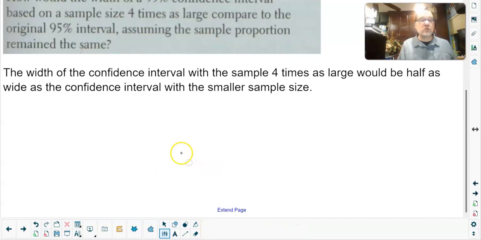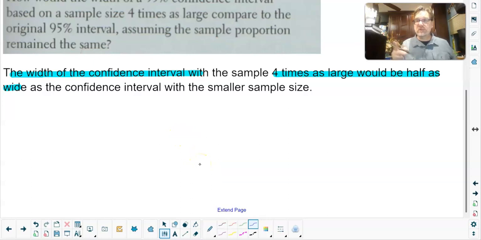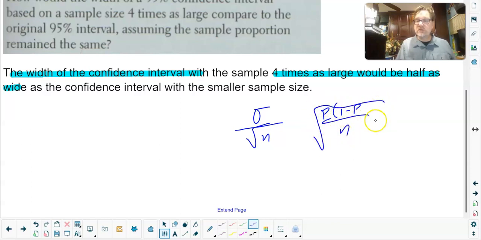So the width of my confidence interval with a sample 4 times as large would be half as wide as the confidence interval with the smaller size. You might remember that because our errors always had either a square root of n on the bottom, or we did p times 1 minus p over n, and we took the square root. So making this 4 times bigger actually cuts my standard error in half.